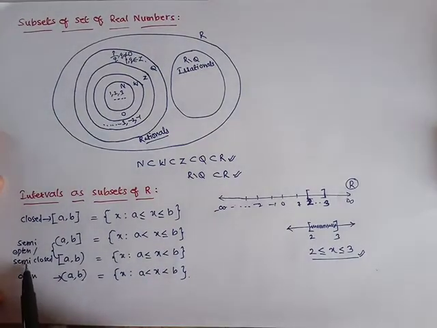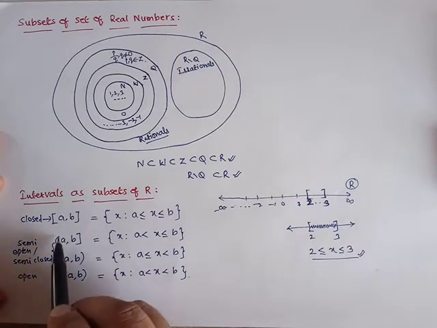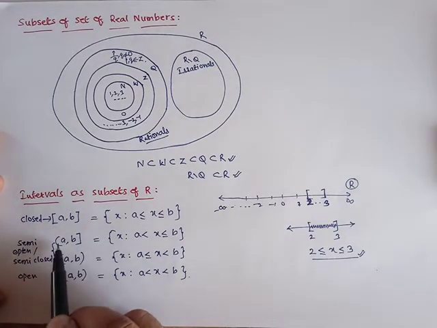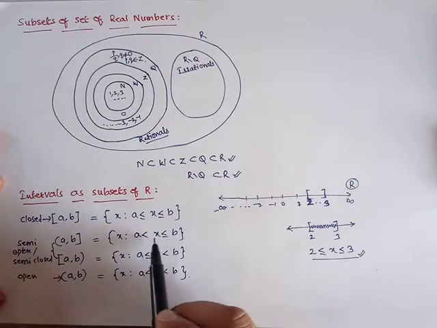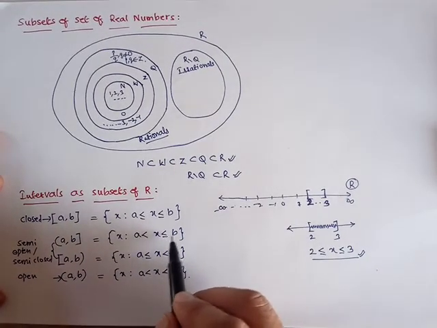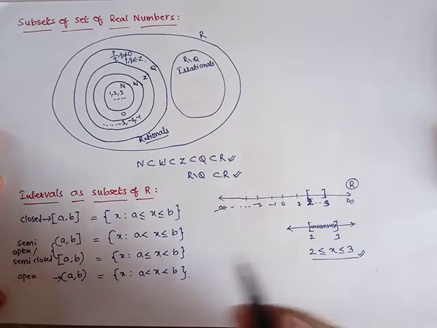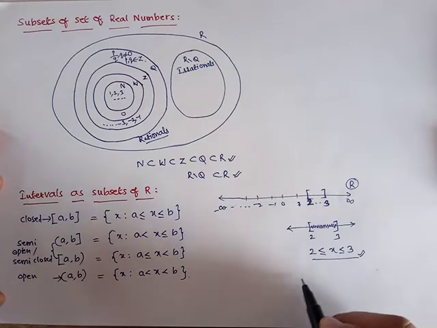And semi-open or semi-closed intervals, like (a, b]: this bracket indicates open, this one is closed. Open means not included, so a < x, a is not included. And b is closed, b is considered. Then a < x ≤ b: a is not included but b is included.